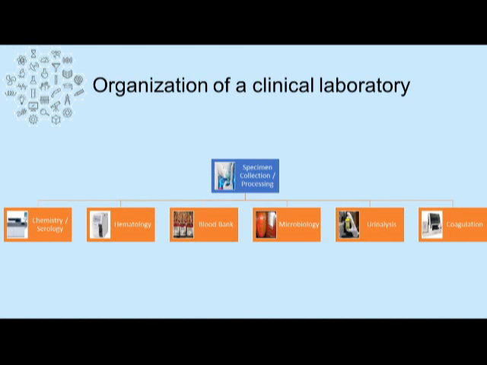The specimen is collected, it is processed in a receiving area, and then distributed to its respective department depending on what type of test was ordered by the doctor. So this occurs by first going to specimen collection, going through processing, and then being distributed to one of the departments, which we'll discuss one at a time in the following slides.